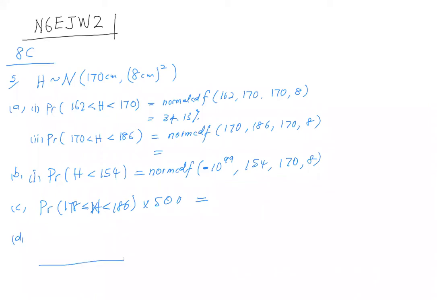Okay, estimate the value of K such that 16% of the students are taller than K. So this is your main probability: probability of H more than K is 0.16. So K is more than 170 or less than 170.